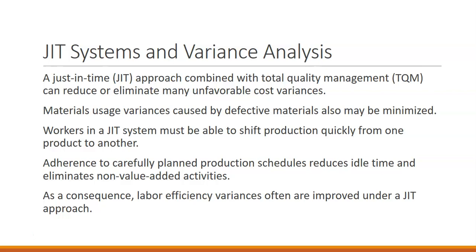So there are very few labor variances there. Really well implemented just-in-time approaches and total quality management approaches are doing everything they can to eliminate unfavorable variances. So they don't always have the same issues as a standard manufacturing environment.